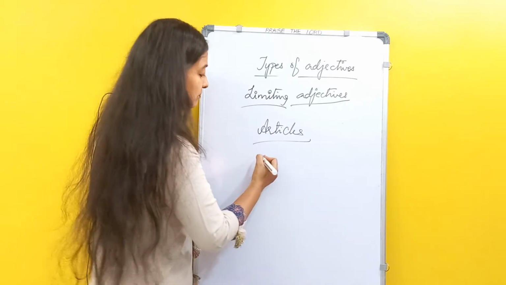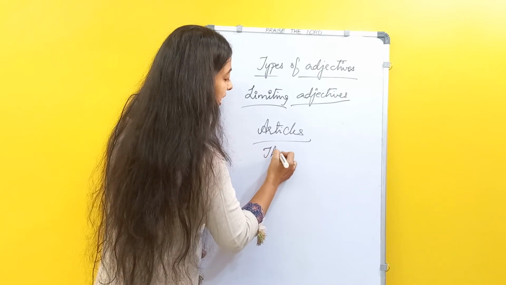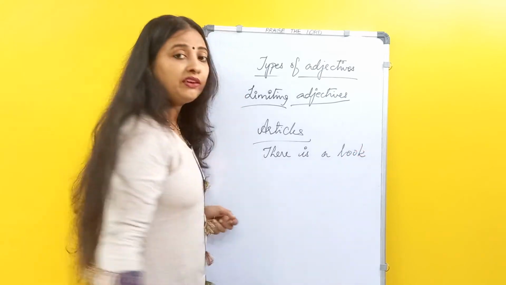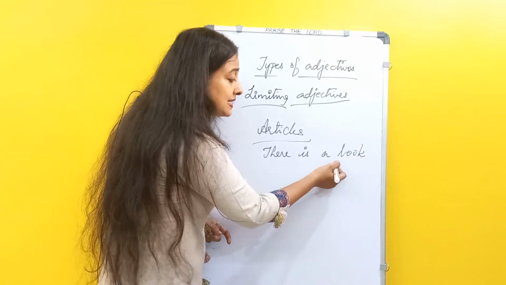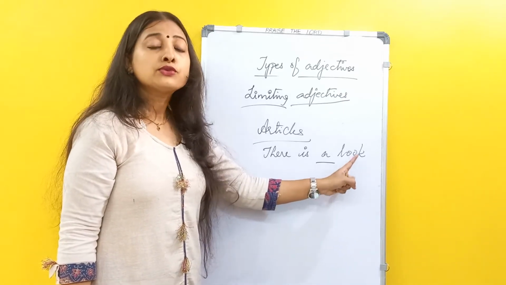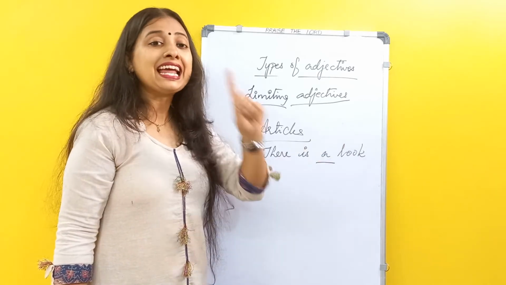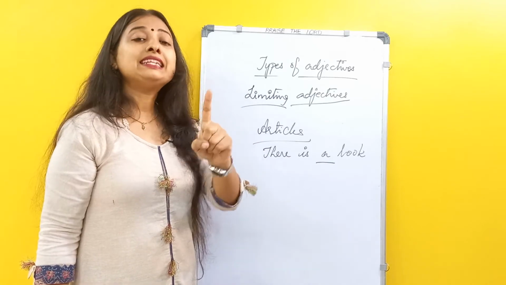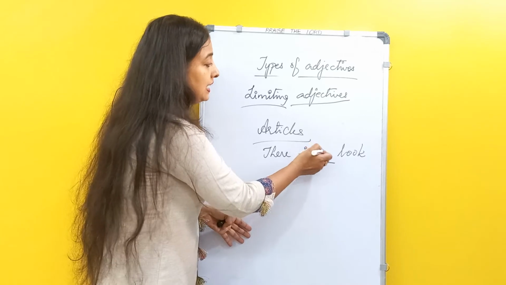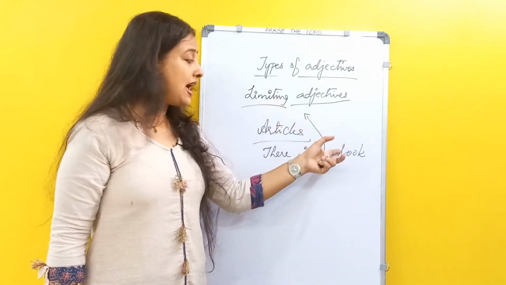Like I can say, there is a book. So this article a, which is used in front of the book, which is a noun, is used to modify the noun. It is telling that there is only one book. So this a, though it is an article, is nothing but a limiting adjective. So this is also an adjective.